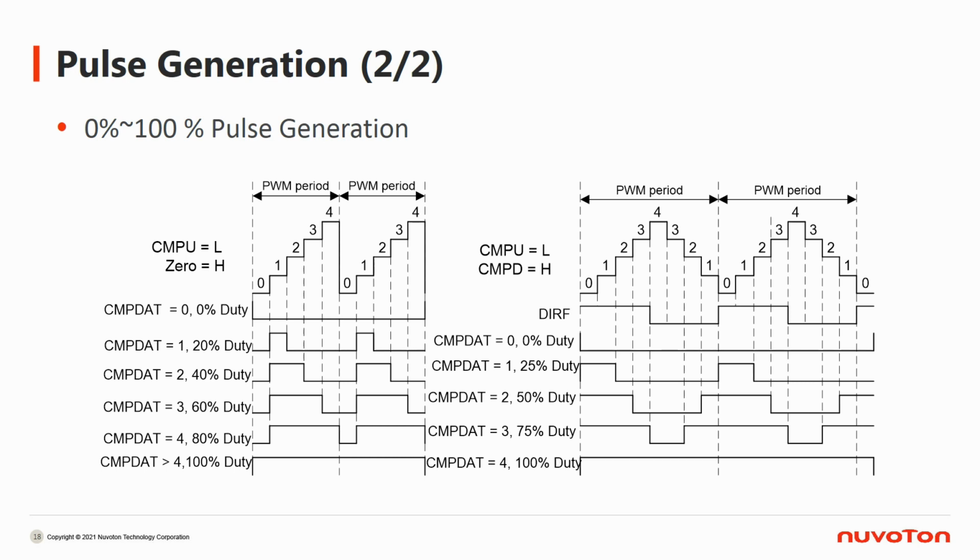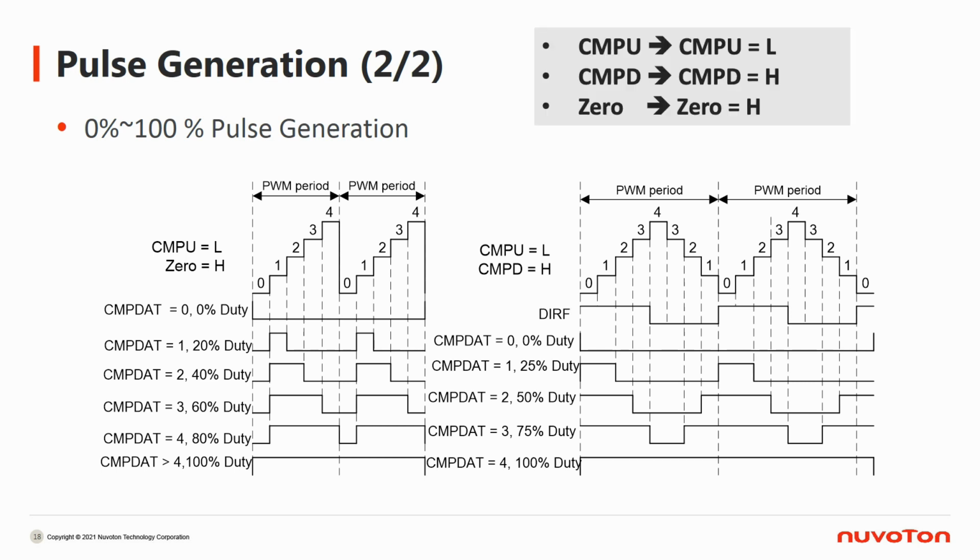Another way to generate pulse is by setting CMPU, CMPD, and 0. CMPU means the counter is equal to the comparator when counting up. CMPU equals L means that when the counter is equal to the comparator when counting up, the output should be low.